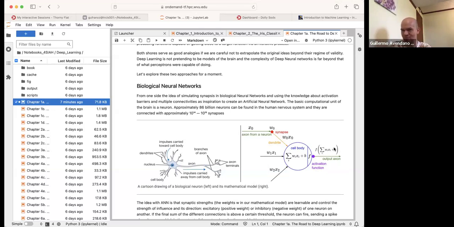The equation that students in high school learn. Now what we have is the same thing, but in multiple dimensions, but it's still a linear equation. Well, that linear equation used as the input for a nonlinear function constitutes the mathematical model for a neuron, and we call that an artificial neuron.